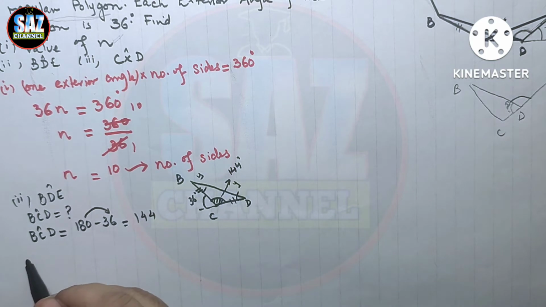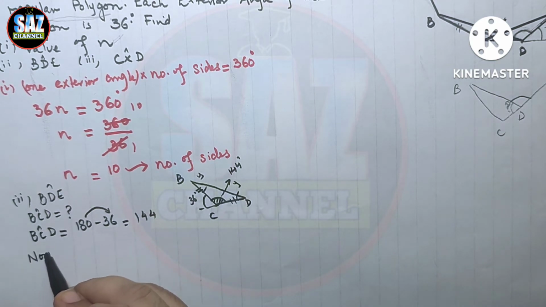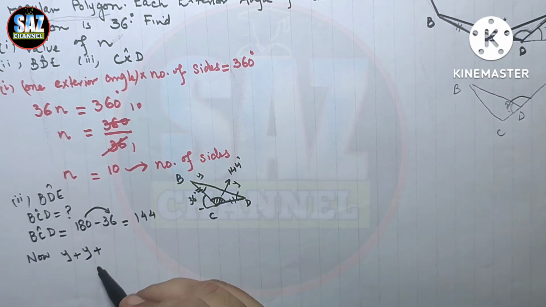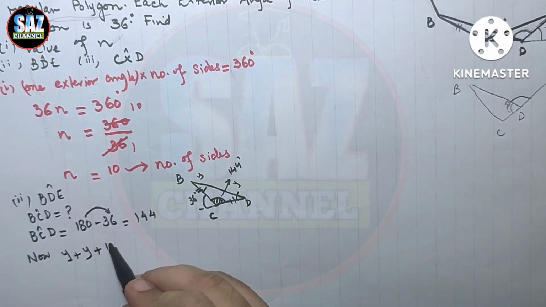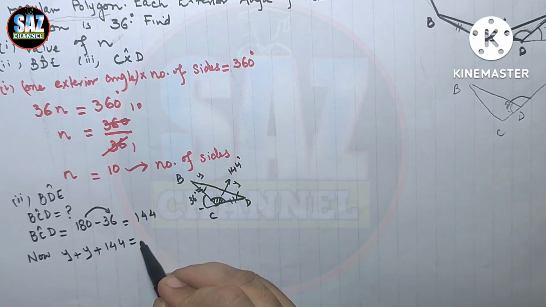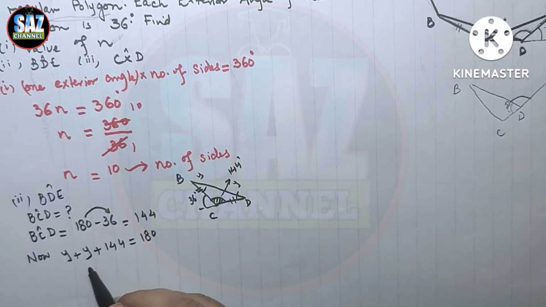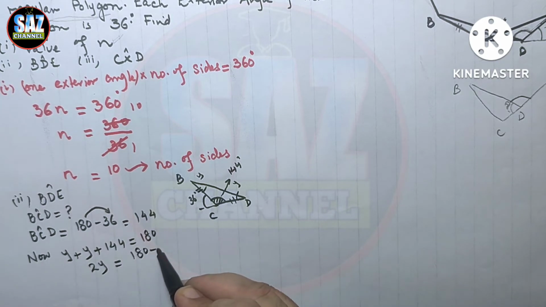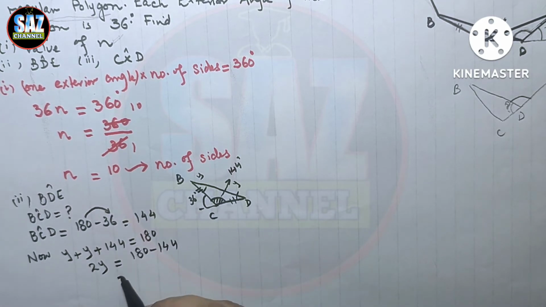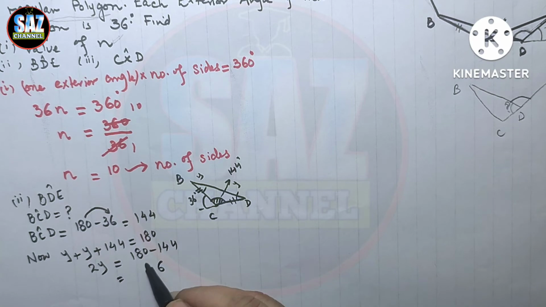Now, y plus 144 degrees will be equal to 180 degrees, the sum of interior angles of the triangle. So 2y equals 180 minus 144, which is 36 degrees.